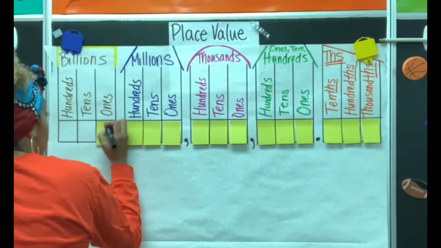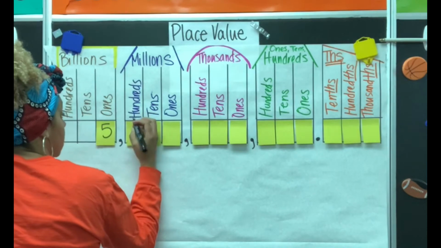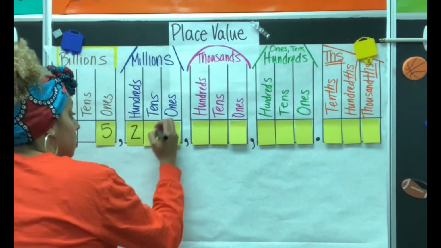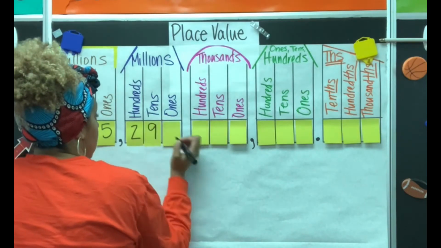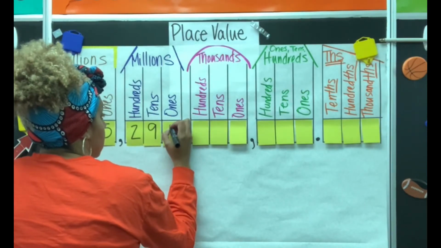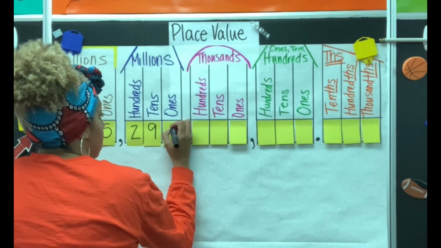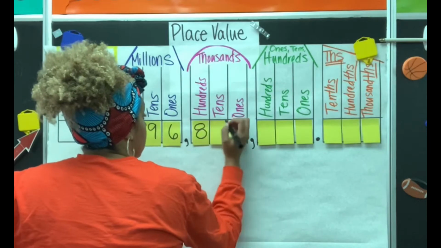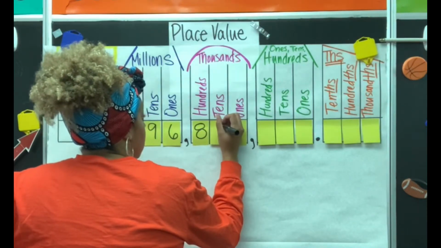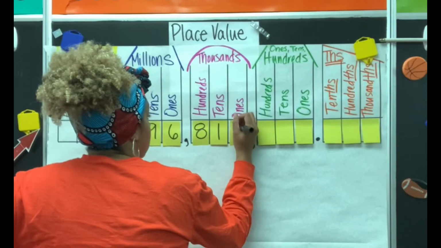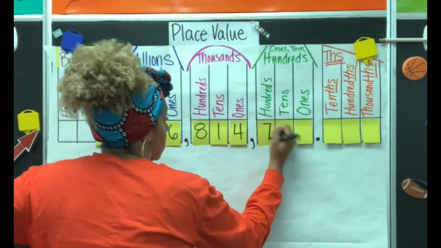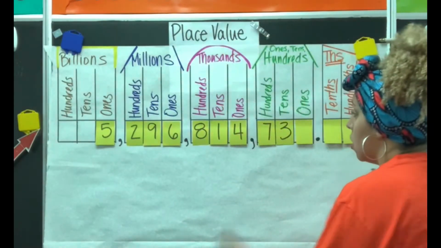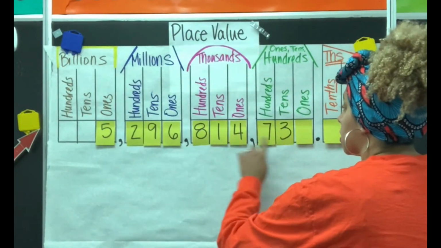So we're going to do 5, 2, 9, 6, 8, 1, 4, 7, 3, 4, 5, 6, 7, 8, 9.